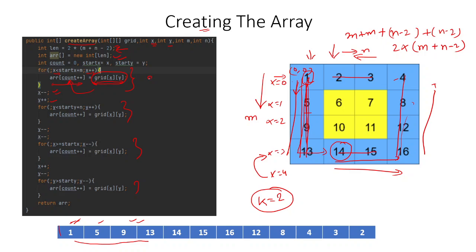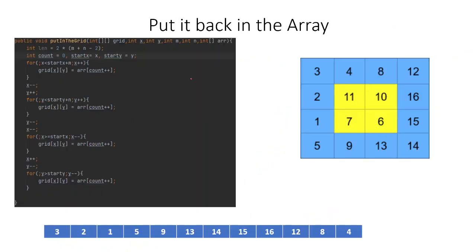In this part, we will assign the array value to the grid. This is the only change, everything else will remain as it is. You can see everything else is the same. We have just assigned this array value to this grid, and that's it.